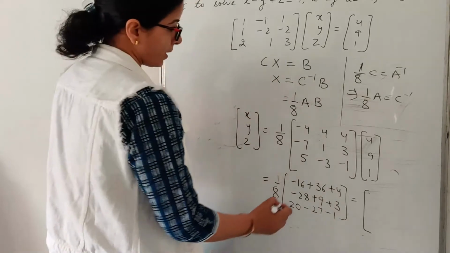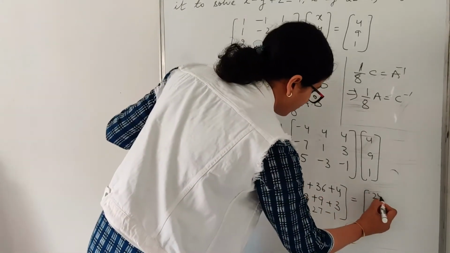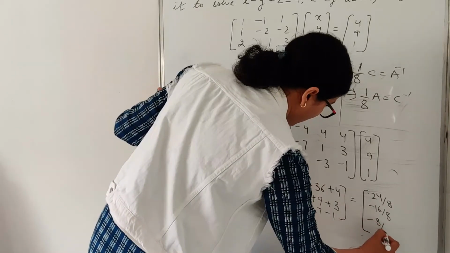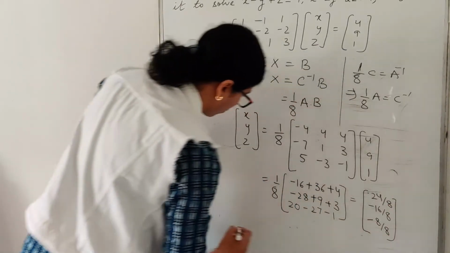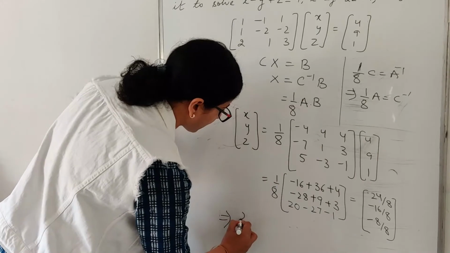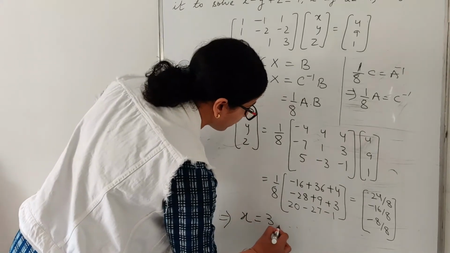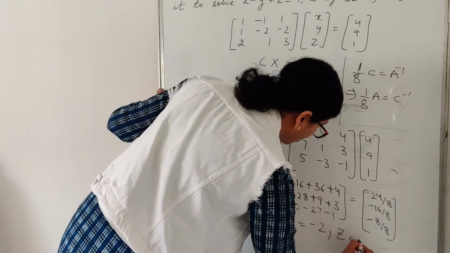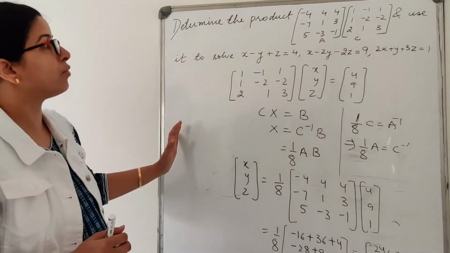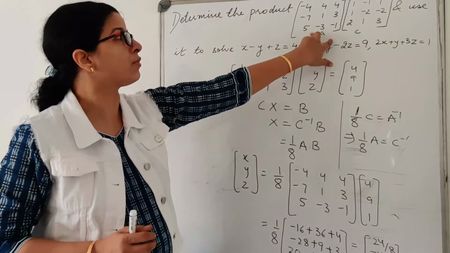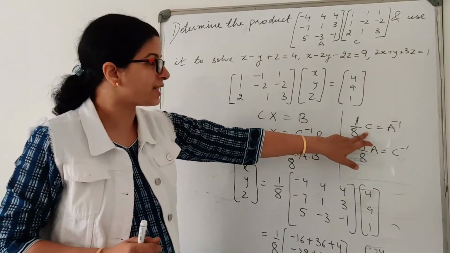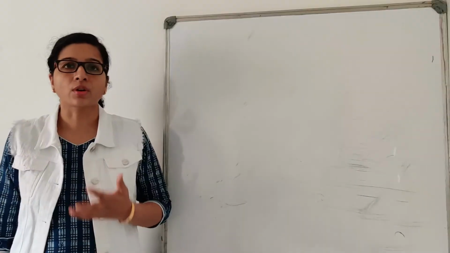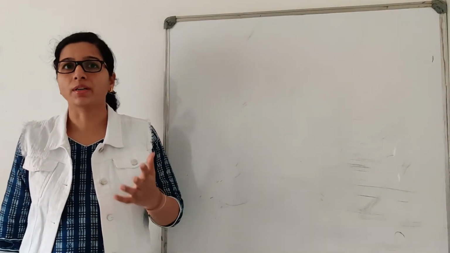Okay, so I am getting 24 by 8 and minus 8 by 8. What does that imply? X equals 3, Y equals minus 2, and Z is equal to minus 1. So basically whatever relation we got from the product, I have utilized that relation and then found your C inverse.